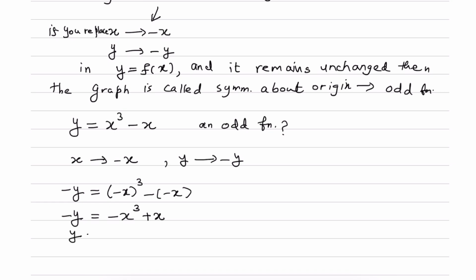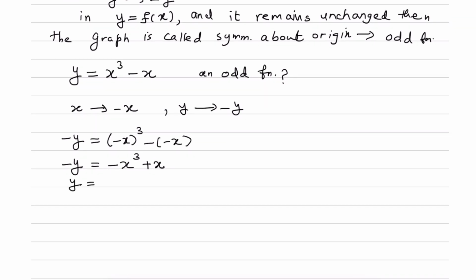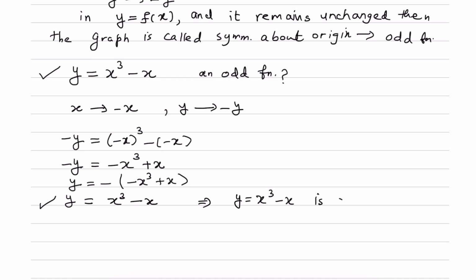What I'm doing here is I'm bringing this negative to the other side. When this negative multiplies inside, you get x cube minus x. So we started with y equal to x cube minus x and we got back y equal to x cube minus x. If we get the same function back after replacing x by minus x and y by minus y, we say that the original graph y equal to x cube minus x is an odd function.